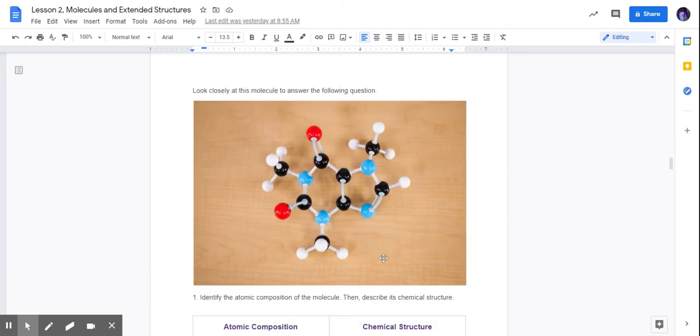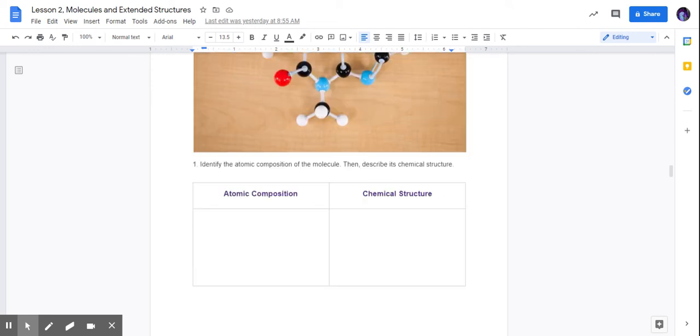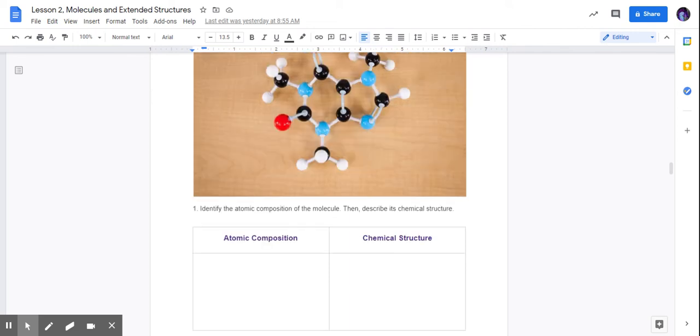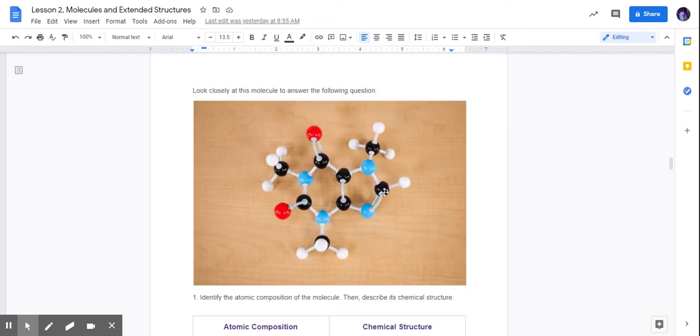Scroll down here, and this is your first question. You're supposed to look closely at this molecule to answer the following question. Your question is, identify the atomic composition of the molecule, then describe its chemical structure. So we look at this molecule and we see some different atoms.